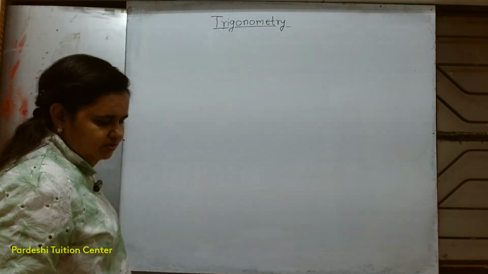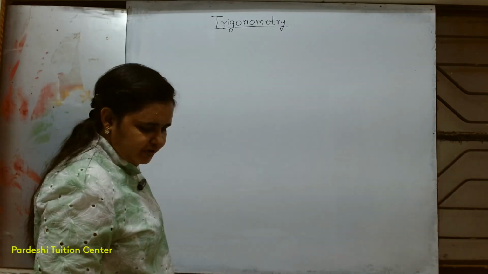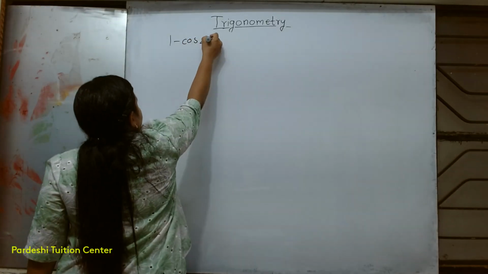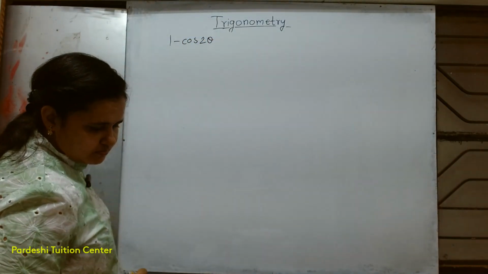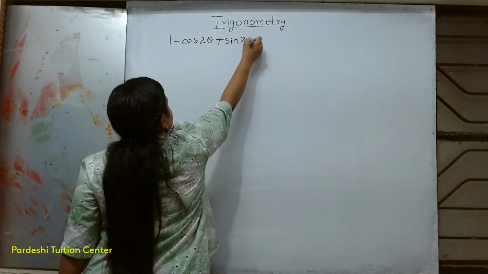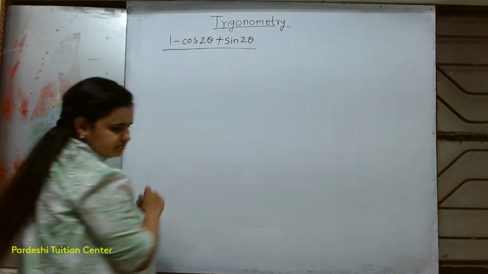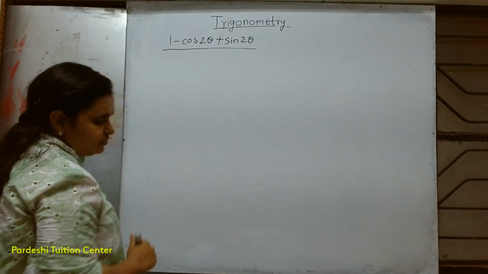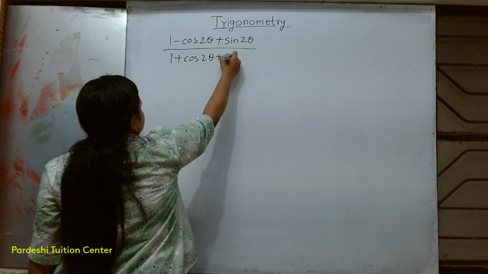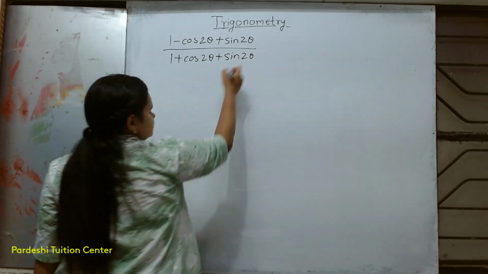Now next one, it is a multi-correct choice type: 1 minus cos 2 theta plus sin 2 theta upon 1 plus cos 2 theta plus sin 2 theta.